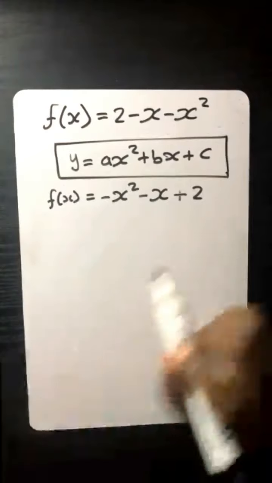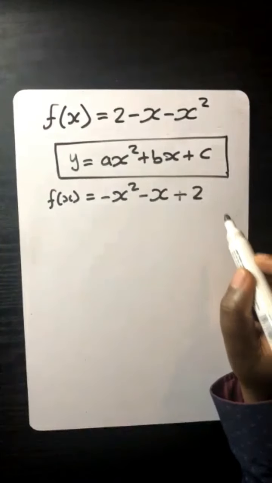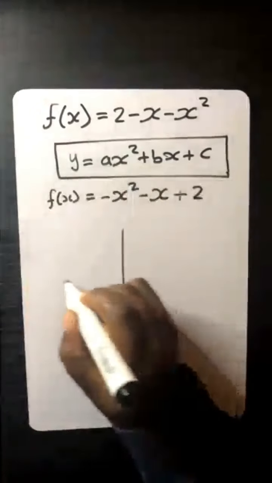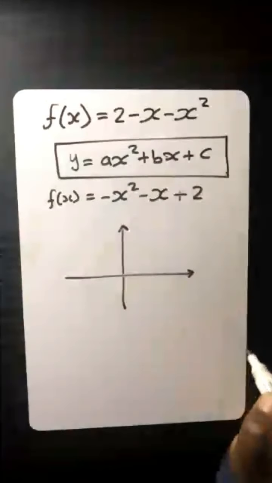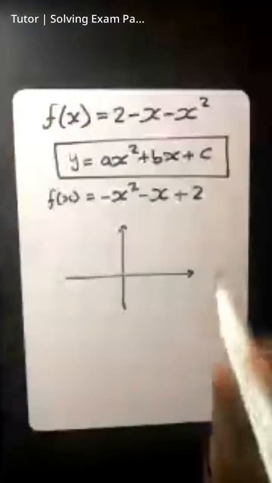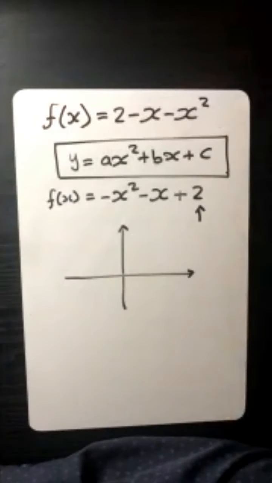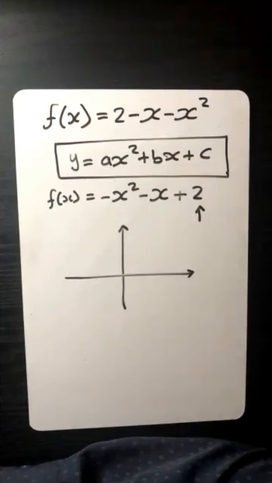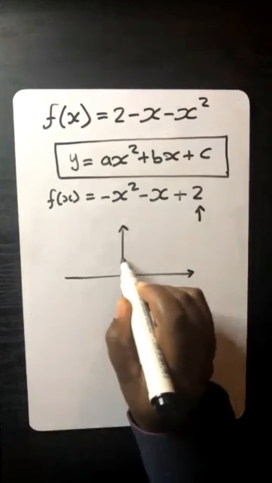The second most important part is for us to analyze how our graph will look. Obviously, we are going to draw our function on a Cartesian plane. Most importantly, we know that c refers to the y-intercept, which means we might have 1, maybe 2 there.